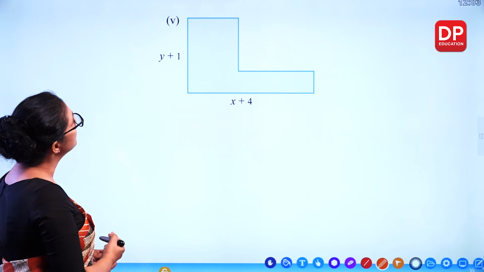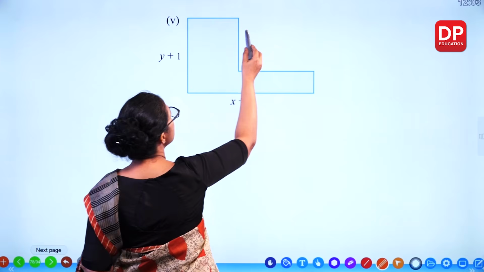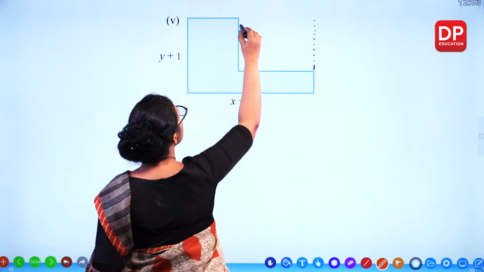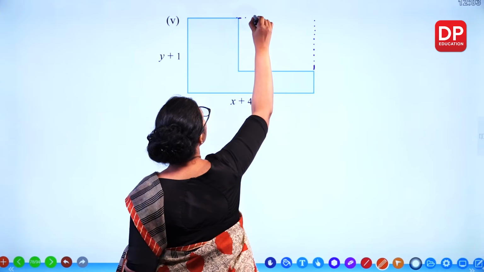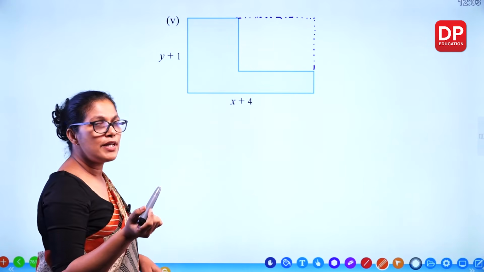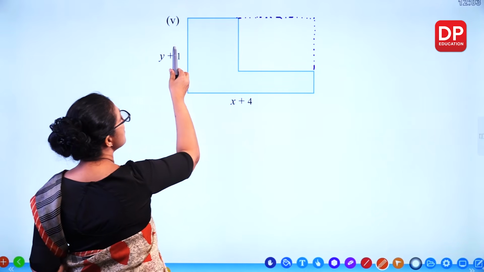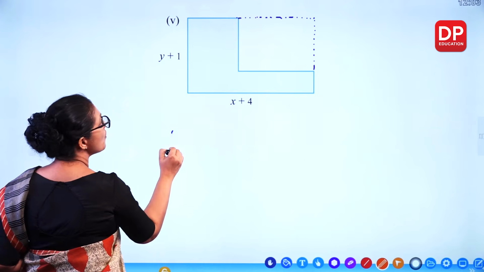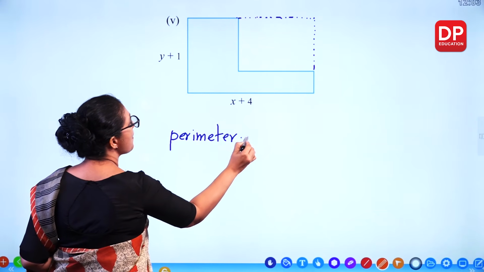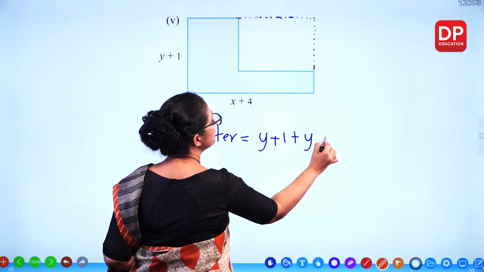What's the perimeter here? So can you see when you take this length here, this length here, what you get actually? It's a rectangle. So perimeter of a rectangle. So one length width is y plus 1. So we can straight away find out the perimeter of this figure is y plus 1, y plus 1.